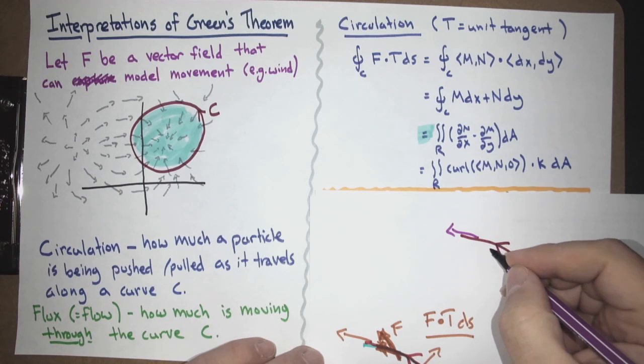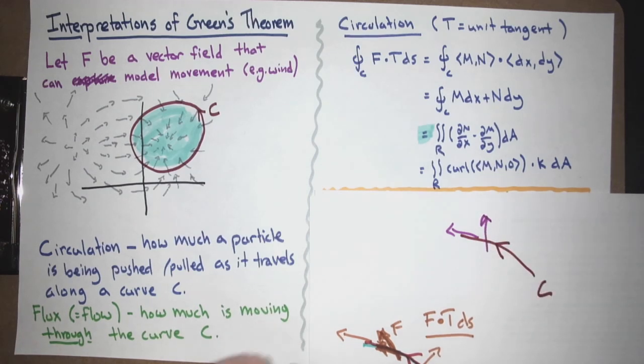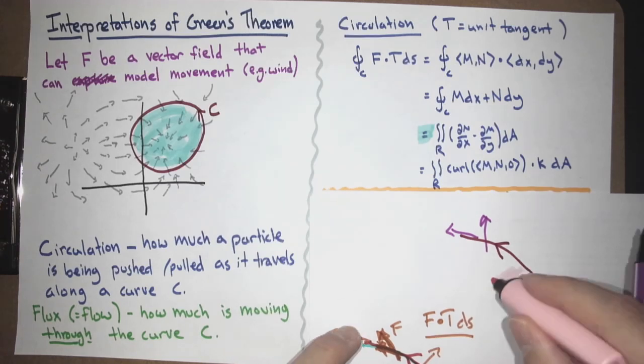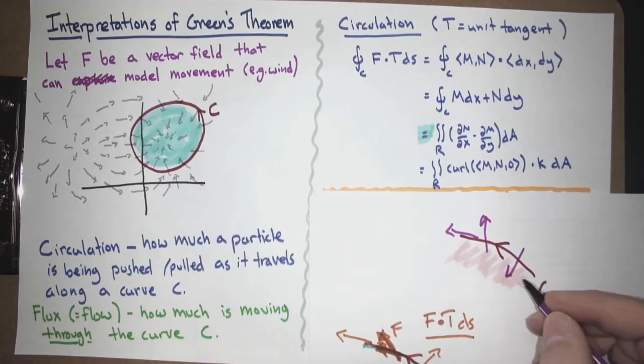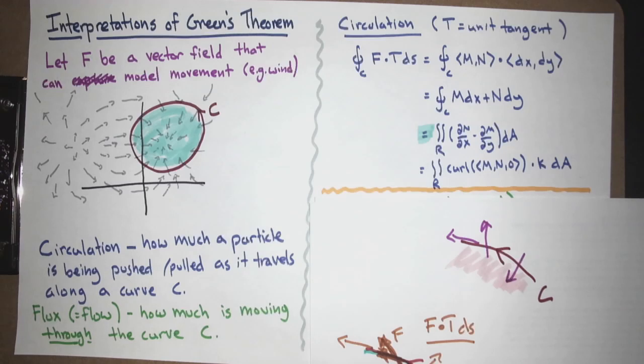But if I'm, say, here, what's happening? I'm flowing. Since there's an orientation, here's the inside. This would correspond to an outflow. And this, what would that be? An inflow.